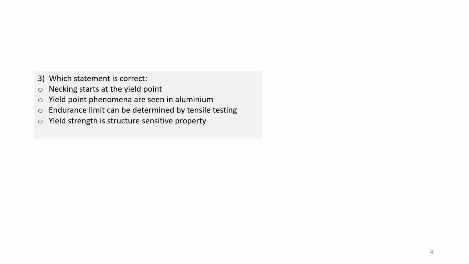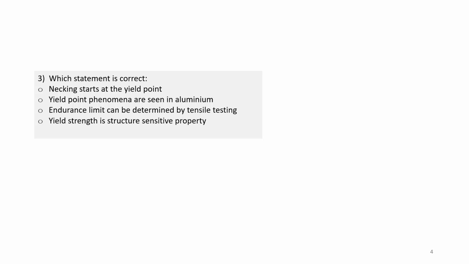The next question is: which statement is correct? The options are: necking starts at the yield point, or yield point phenomena are seen in aluminum, or endurance limit can be determined by tensile testing, or yield strength is a structure sensitive property.